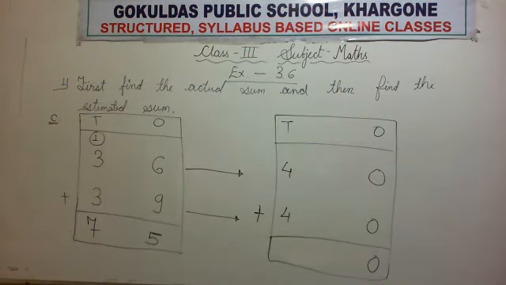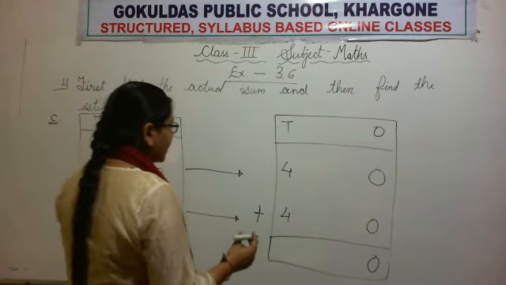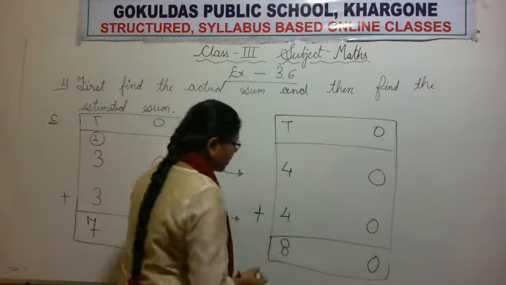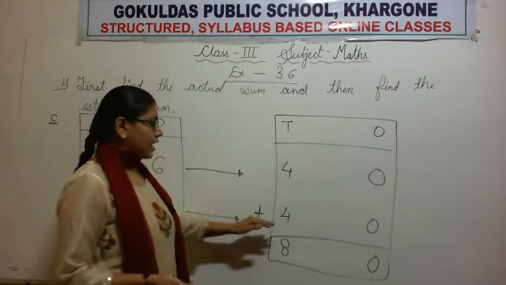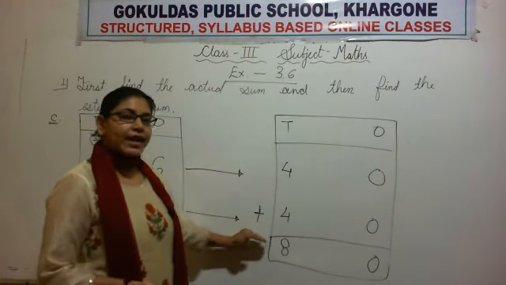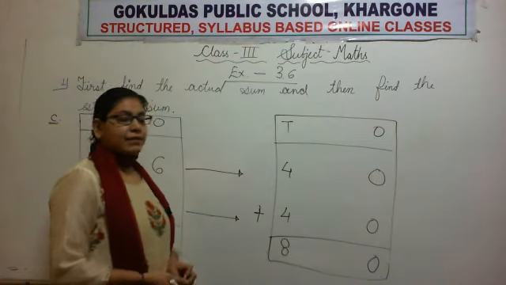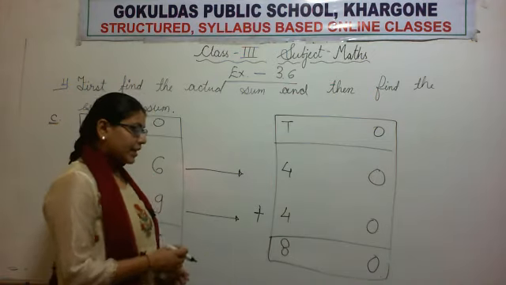Now again open 4 fingers. Now count all the fingers. How many fingers? Very good. 8 fingers. So we will write the number 8. See, we rounded off the numbers and added them. After adding, we get 80. So this is our estimated sum.